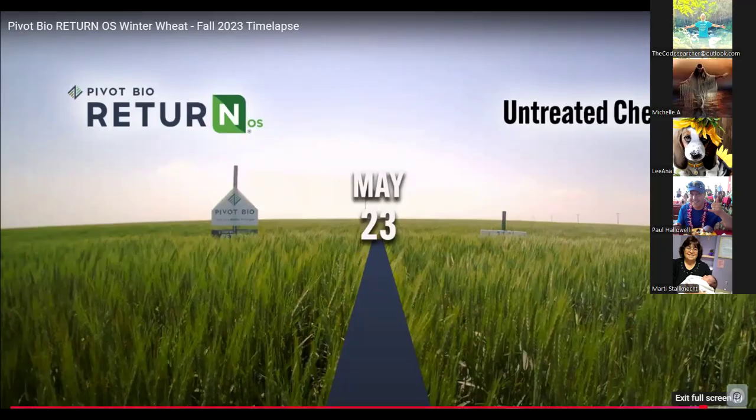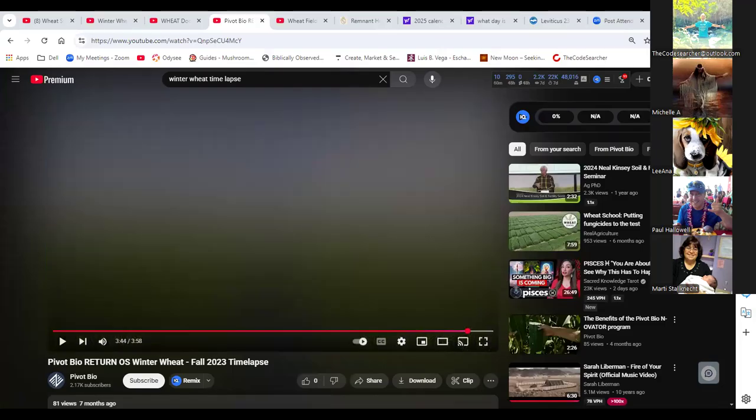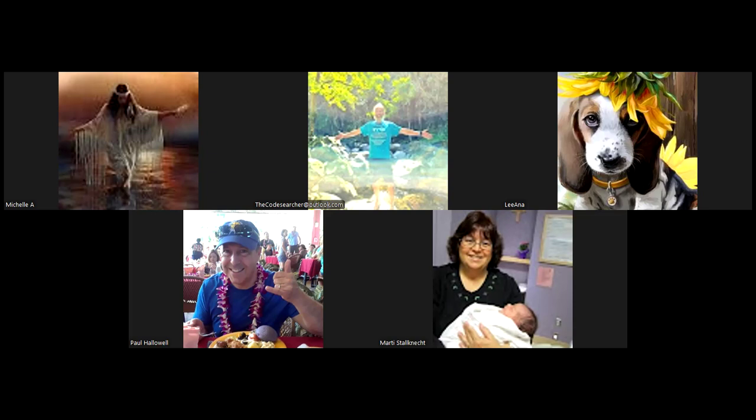Let me show you a wheat field in May that somebody sent me. Can you guys see that right there? It's the same thing. It's universal. This is in the middle of May right there. All right, here we go.